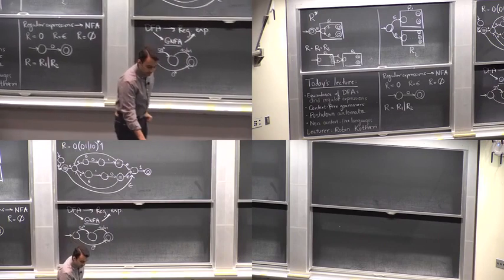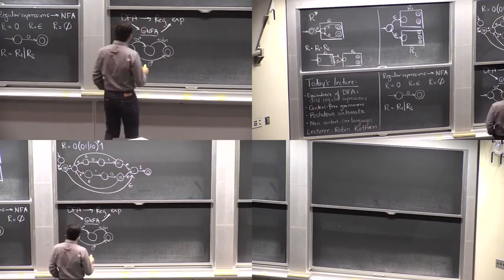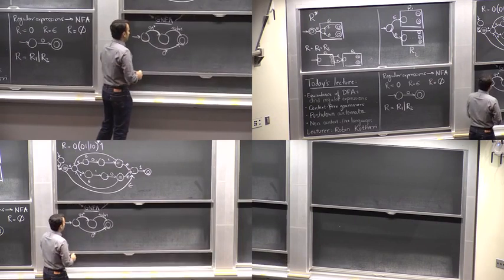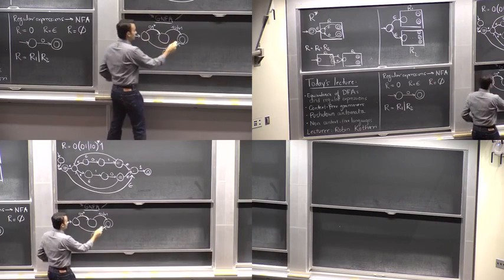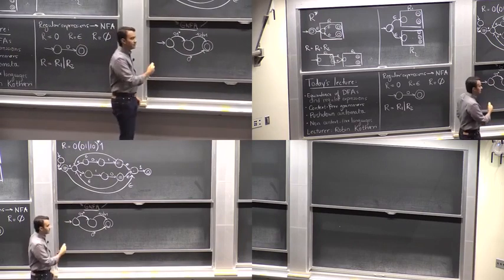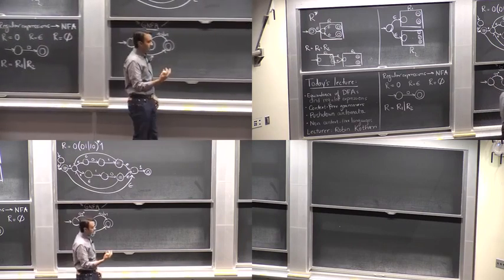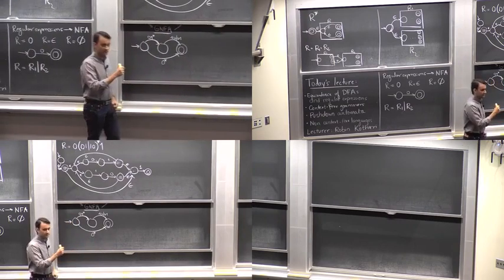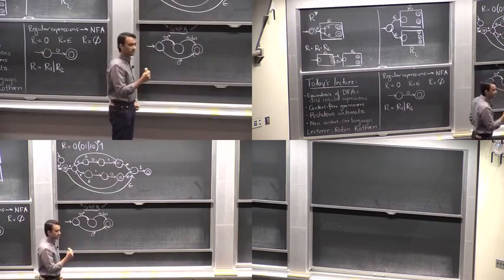OK, and for convenience, we also impose a couple of other things on this object, which is we ask there to be a unique accepting state. So there's only one accepting state. This is not a big deal because you can always add one accepting state, make all the other accepting states point to this one with no transitions, and just make the other ones not be accepting states. So now you just have one.